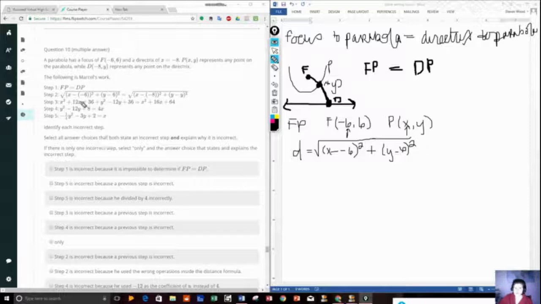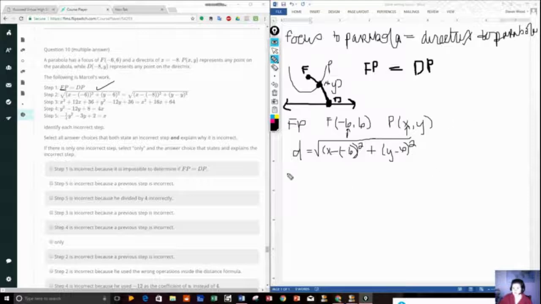So let's check that very first step. This should have parentheses, to make sure that this side, FP on the left, is correct. So we have the square root of x minus negative 6 squared plus y minus 6 squared. Okay, so far the left side is correct.